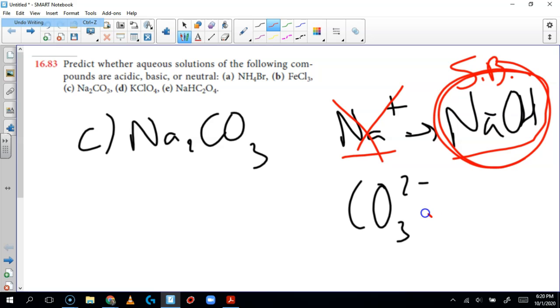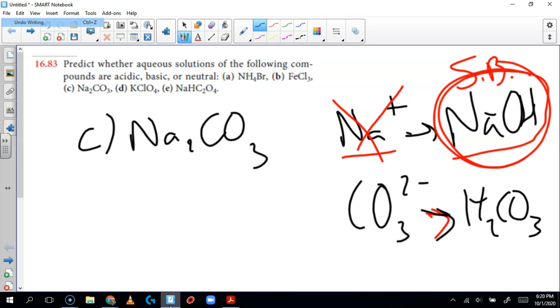Carbonate forms H2CO3, and that is a weak acid.